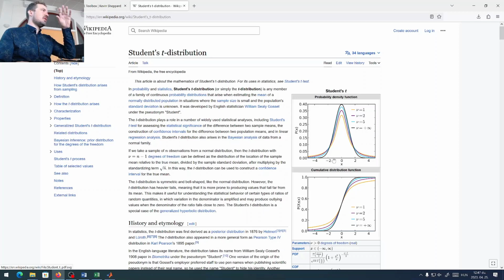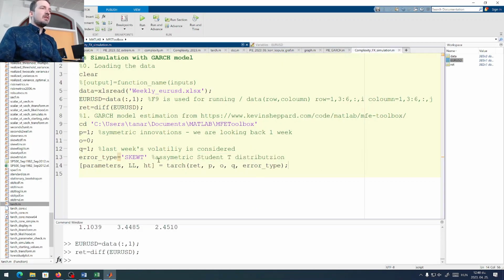Otherwise the normal distribution runs out so fast after it deviates away from the expected zero change, then the mass of extreme fluctuations is quite insufficient compared to reality. So that's why the student T distribution can capture this. If it's asymmetric, then we are able to say that maybe there are more days when it's appreciating, or there are more days when it's depreciating. So it does not have to be a similar number of days in both directions.